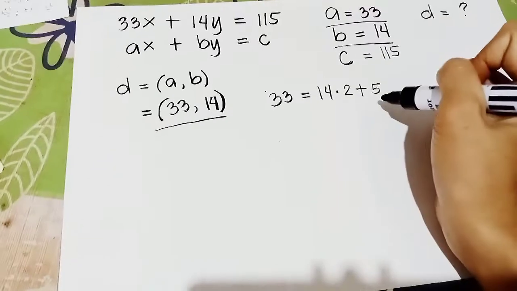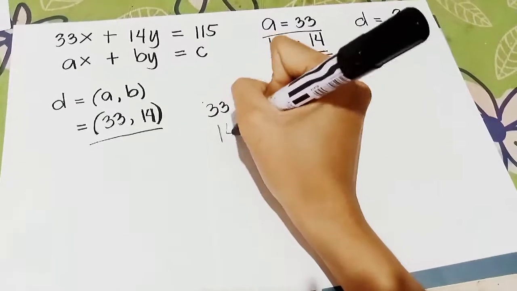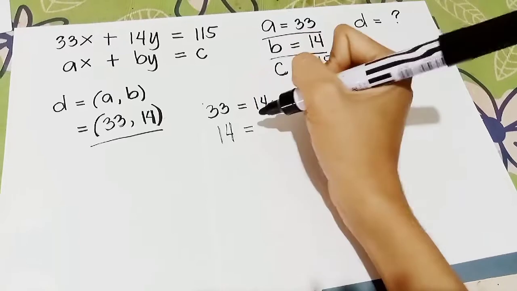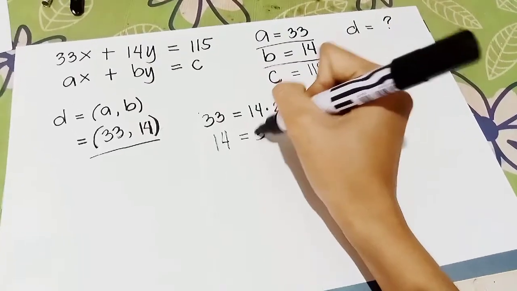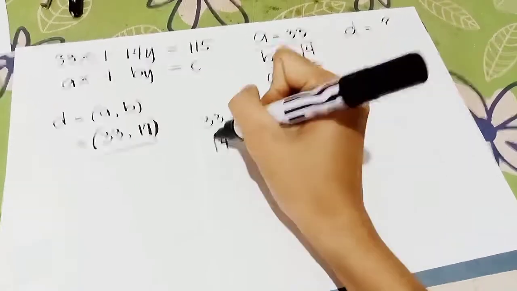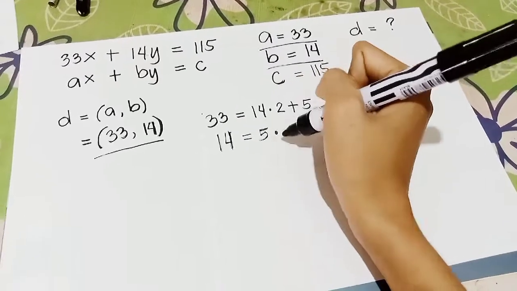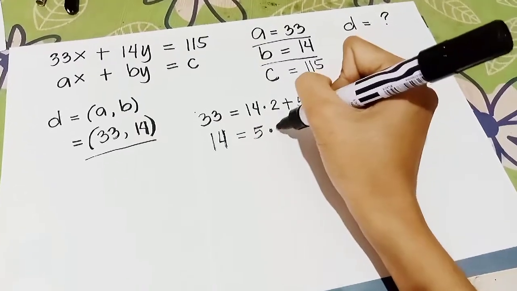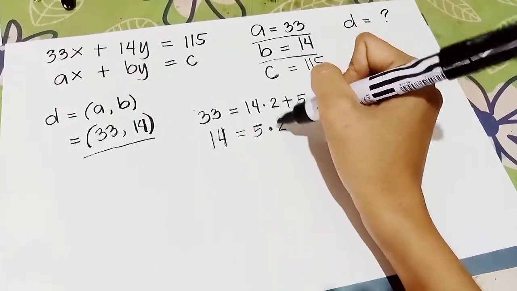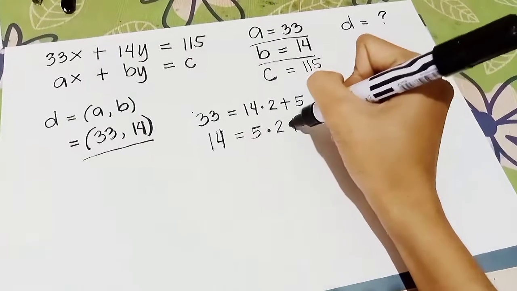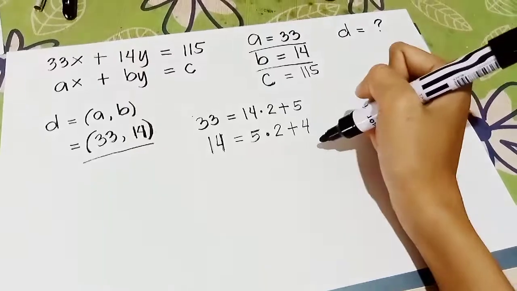So we get a remainder of 5. Then copy the 14 and divide by the remainder 5: 5 times 2 is 10, and 14 minus 10 is 4, so the remainder is 4.